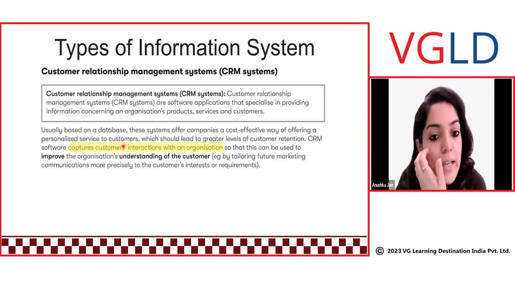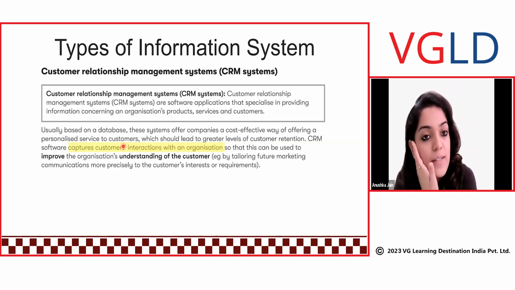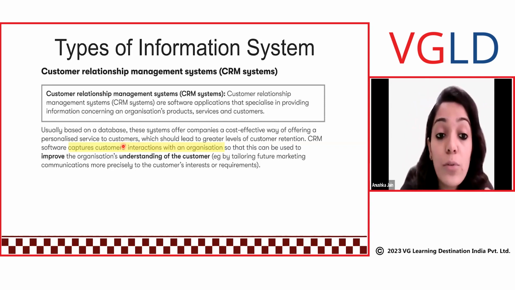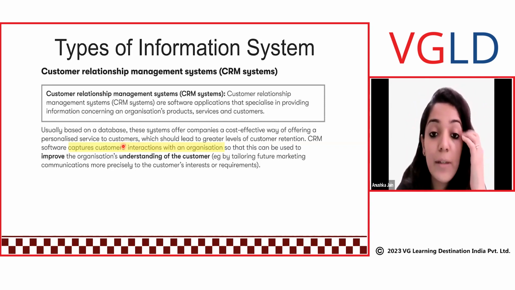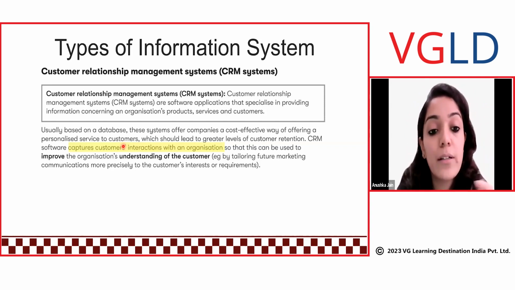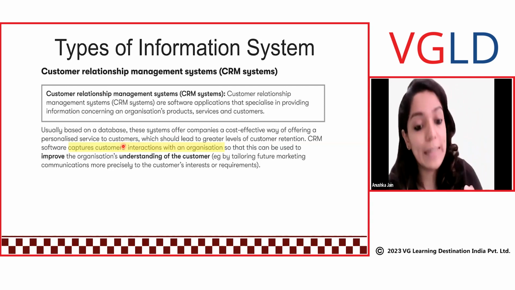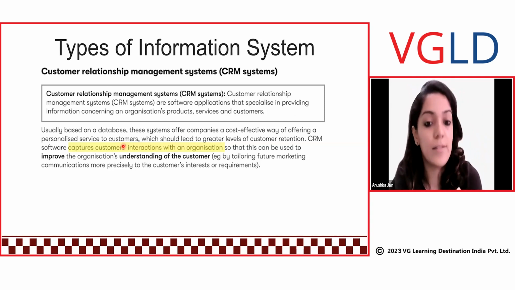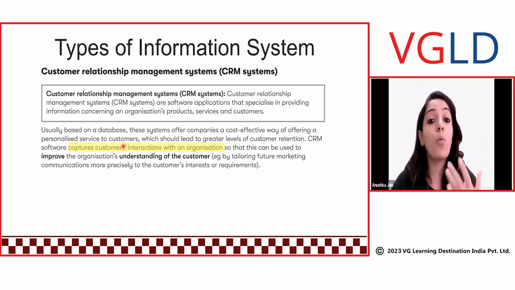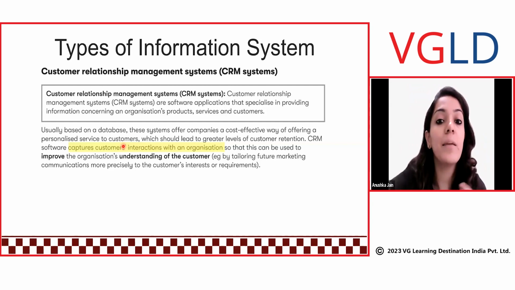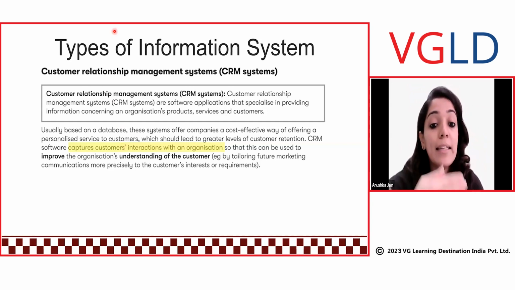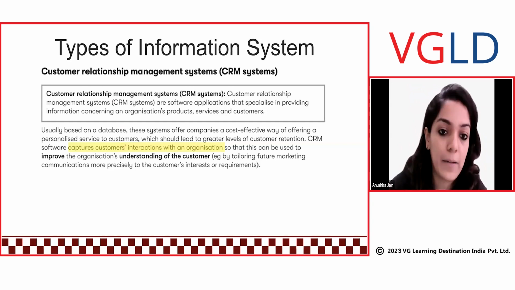If you make a call to the customer executive, you also hear this disclaimer now that your call may be recorded for internal training purposes. What they do is record the interaction between the executive and the customer. They see what the customer wants, and how they can improve their quality by including all of that feedback.